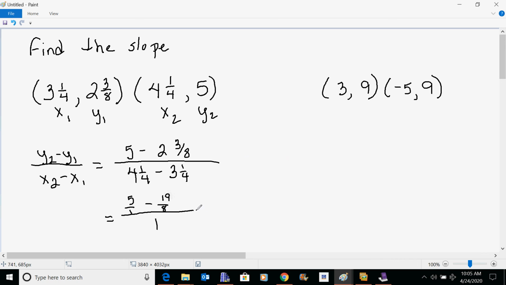But then what we need to do is we need to make common denominators. This denominator here, you're divided by 1, so that's going to just disappear very soon anyway. But this is really 40 eighths minus 19 eighths, because 8 times 5, 40 minus 19.